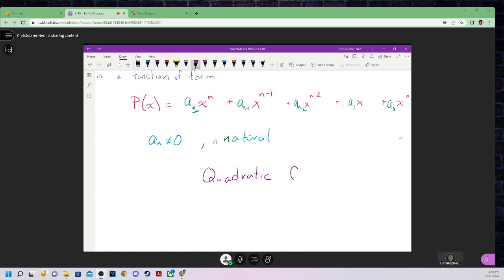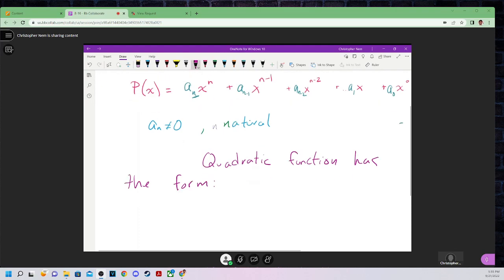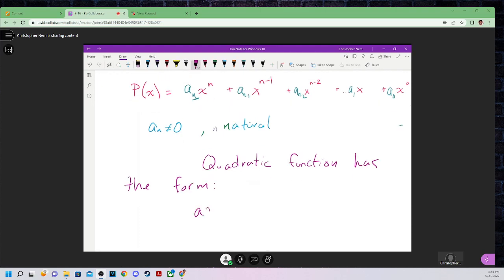A quadratic function has the form f(x) = ax squared plus bx plus c. Your function is called f. It's equal to all of this, assuming again your first term coefficient does not equal 0.